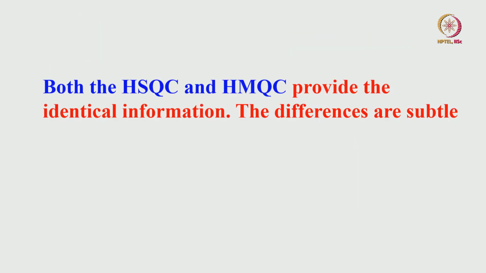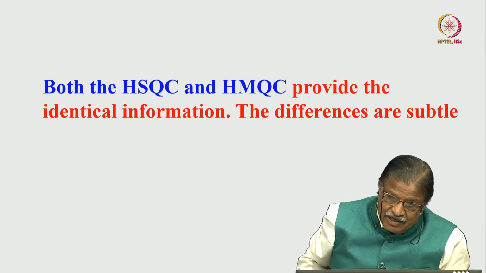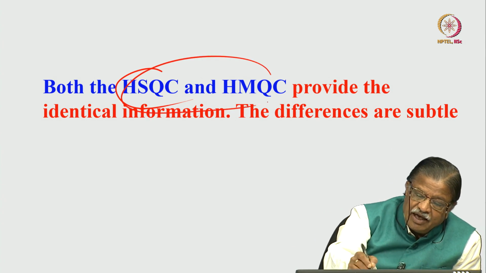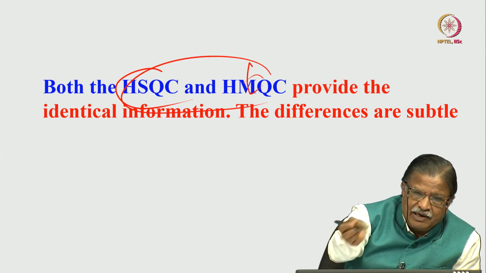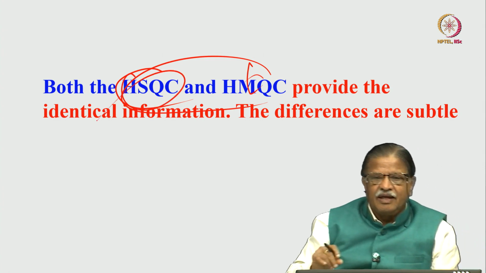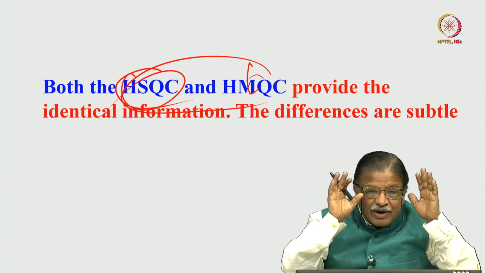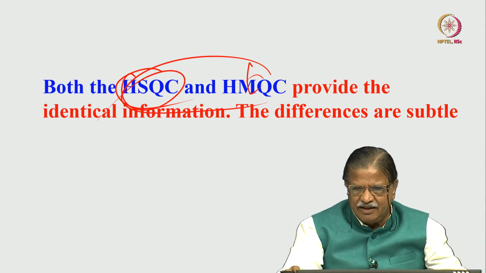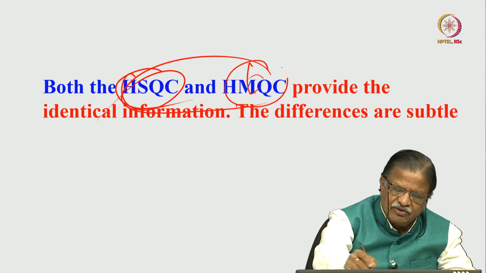Of course, I also said one more: HSQC and HMQC and HMBC, 3 experiments. What is the difference between HSQC and HMQC? One is multiple quantum, through the multiple quantum pathway we adapt. The other is HSQC, single quantum. Both of them provide identical information. A small difference is there. In HMQC, you will also get HH coupling.